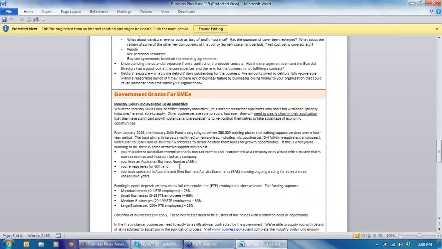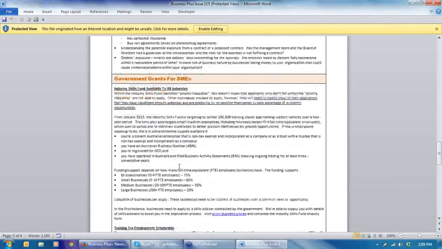They get 75% of their costs for a specific skills development program that's been approved by the Department of Education. And small businesses up to 19 full-time equivalent employees can get a grant of 66%.